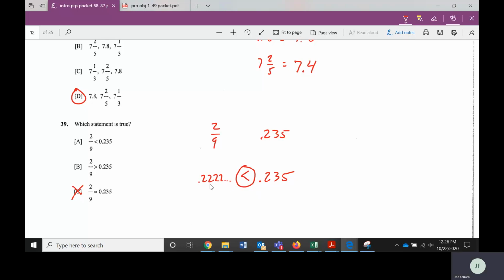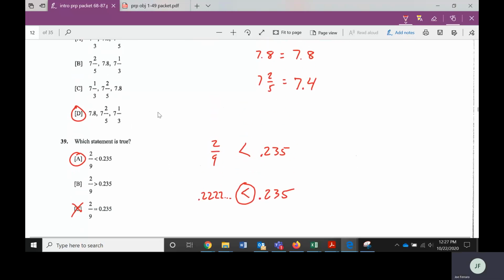So the way you actually read this is, 2/9 is less than 0.235, but you don't even need to say it correctly. You just open towards the bigger one. Letter A is our answer. Okay, so that's how you do those problems. Comparing a fraction and a decimal, just change them both to decimals. Okay, just a few problems on the next page, and I think that's all we'll have to do.